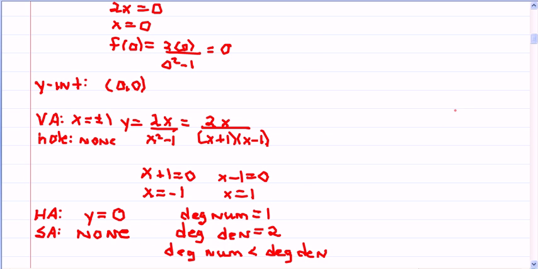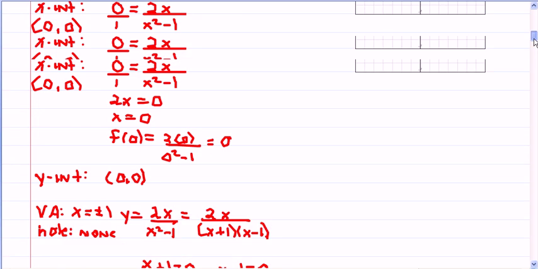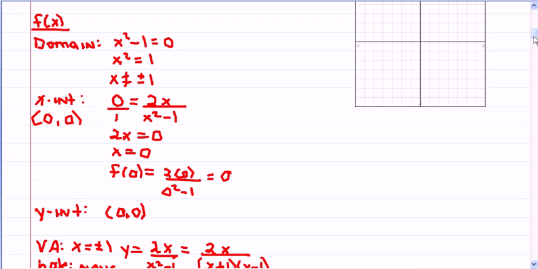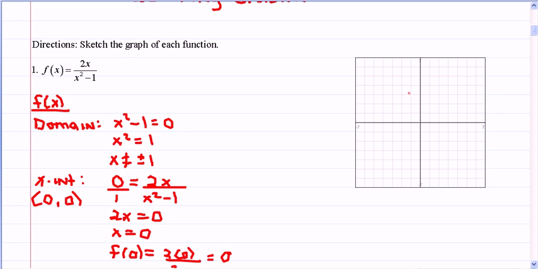So everything that we found with the original function, I'm going to take and place it on this graph. I have an x-intercept of 0, 0. Then I have vertical asymptotes at x equals negative 1 and x equals positive 1.